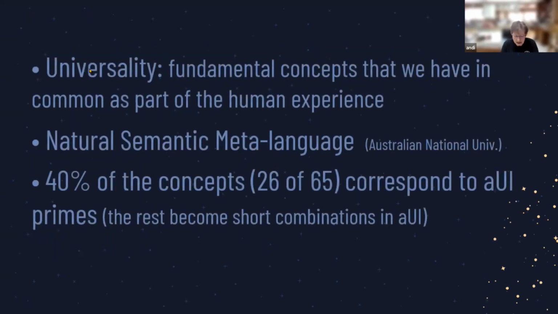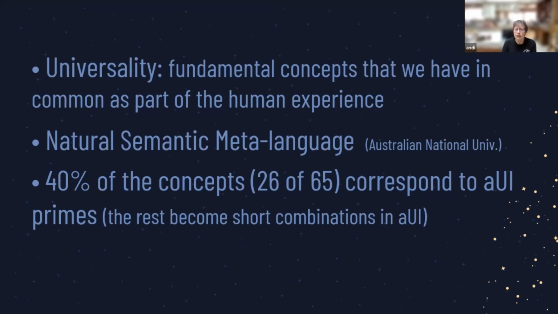The universality aspect of aUI refers to the idea that aUI's elements are fundamental concepts that we all have in common as part of our human experience. And these are actually partially corroborated by long ongoing research from the Australian National University in what they have termed the natural semantic meta-language.